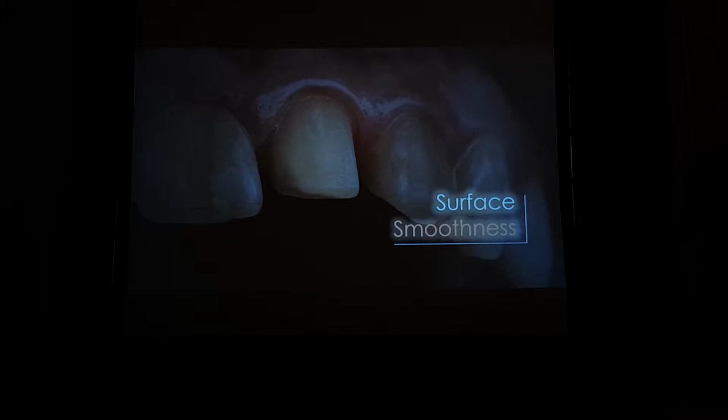But in digital, we don't even have models to try in. Okay? So we don't know how it is until we put it into the patient's mouth. So the preparation surface smoothness is very important. And so the microscope is very helpful with digital dentistry.